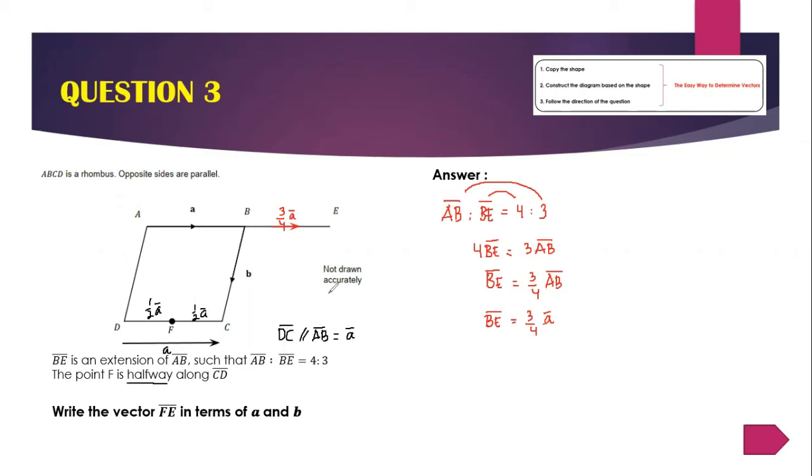Okay, good. Now we're going to continue. How to answer this question? Students, there are three steps: copy the shape, construct a diagram based on the shape, and follow the direction of the question. The question is FE, so from F to E. Here is our construction.